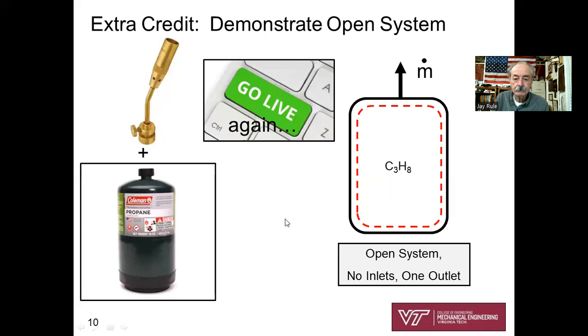So we demonstrated that, so back to share screen. Okay, recap. Here's my depiction of the open system that we just saw. Open system, I wrote down in my sketch, no inlets and 1 outlet. That's going to come in handy for you as you go through the course. And inside the system is C3H8, propane. And I showed M dot.